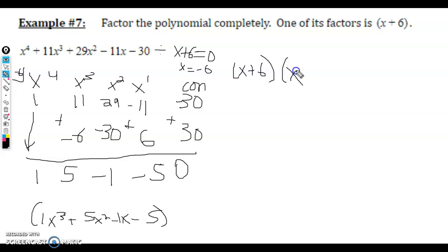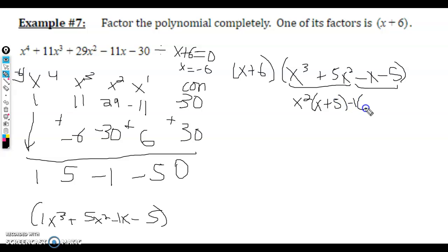Now that is 4 terms. So what we do when we have 4 terms is, you guys know to do factor by grouping. So we can now look at how we can simplify this through factor by grouping. I can pull out an x squared, I end up with an x plus 5. Pull out a negative 1, end up with an x plus 5. So I end up pulling out an x plus 5 times x squared minus 1.